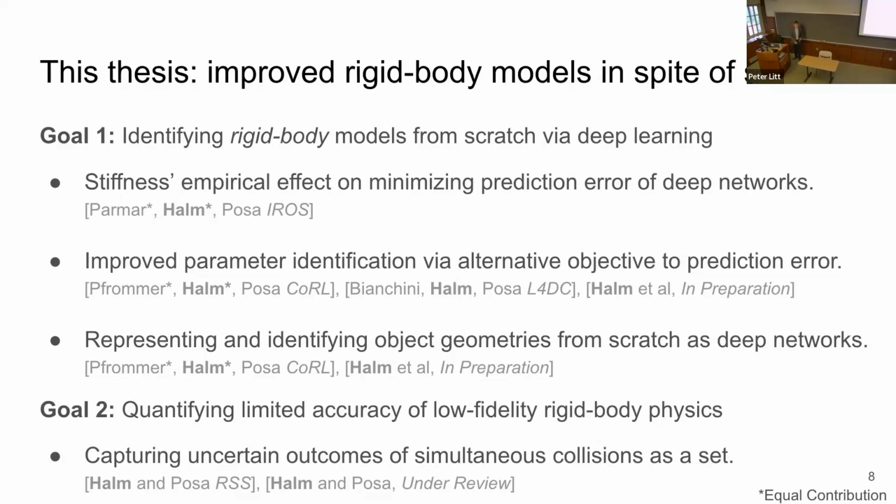Then we're going to leverage the physical structure of our models to identify an alternative way of fitting to calibration data. And then finally, we are going to see how we can embed neural networks inside of physical models to learn very high dimensional unknowns, such as reconstructing object geometries from scratch.